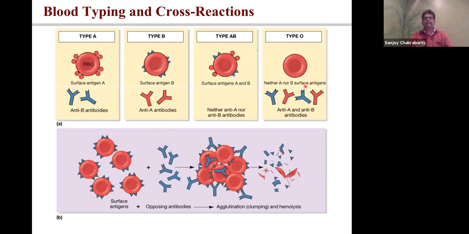O can give blood to everybody, but can receive only from O. AB can receive from anybody, but can give to nobody except AB. Type B can only receive from B and O. Type A can only receive from A and O. So you have to write it down, and you have to understand the logic behind it to understand what blood typing is.